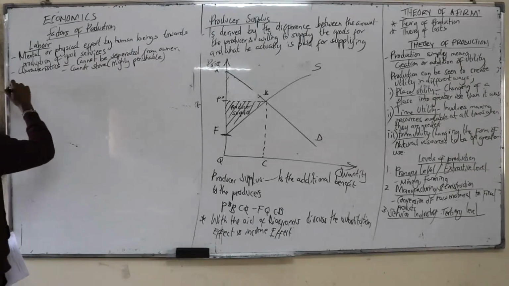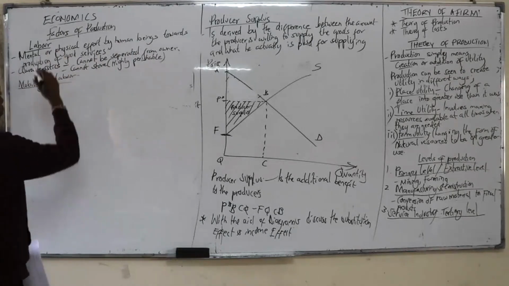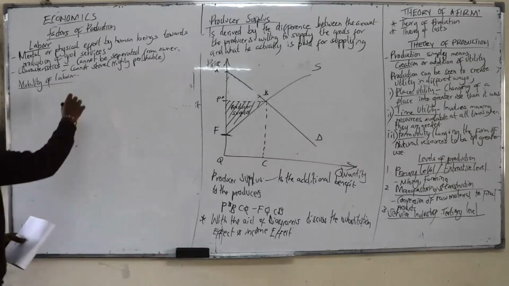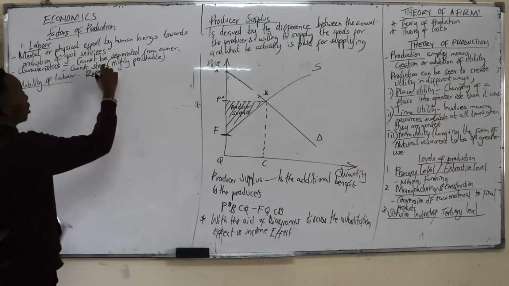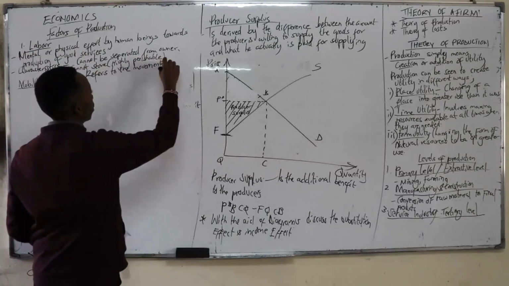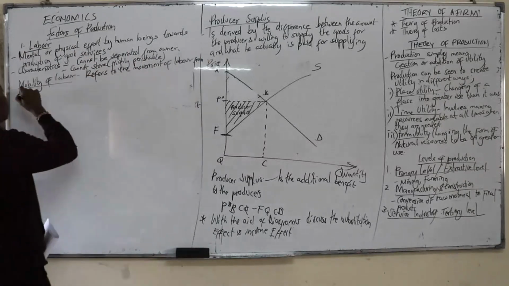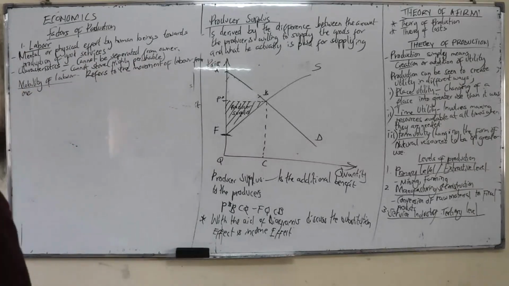And then we discuss the concept of mobility of labor. So this is the ease of movement of this factor of production that we note to be labor. This refers to the movement of labor from one job to another, or from one place to another.